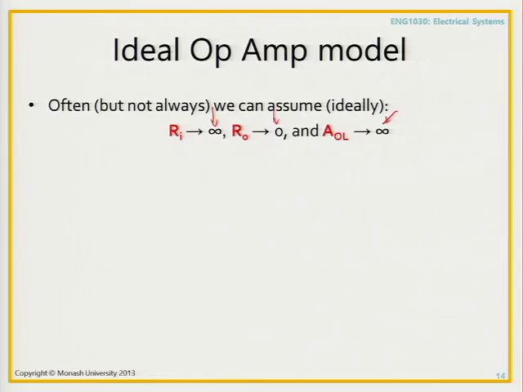At the level that we are using the op amp in ENG1030, we don't need calculations that are entirely accurate when doing circuit analysis with these op amps. It's good enough to use this ideal op amp model, and we don't want to use anything we don't need if it complicates things.